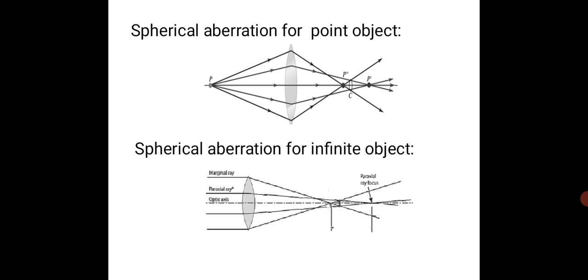So they have different meeting points. So it is a defect of the lens to form a single image for a single object due to its larger aperture. That is called spherical aberration.